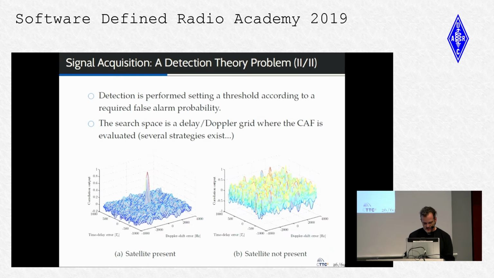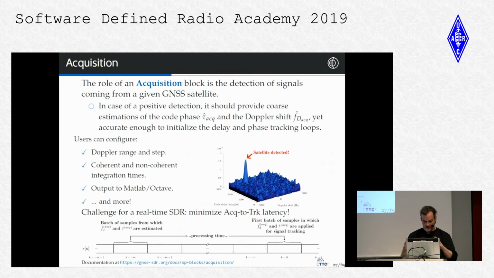This would be the example of a positive detection of a satellite, in which you see clearly a nice peak. And here something in which you don't see this clear peak, where everything is noise, and this is the case in which the satellite you are searching for is not present. So the role of the acquisition block in a GNSS-SDR is to detect satellites.